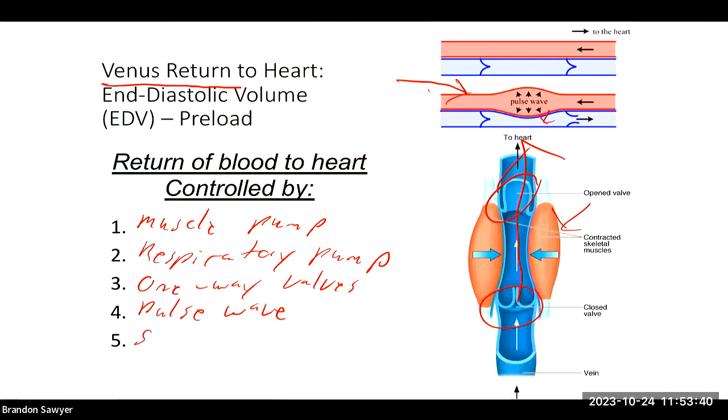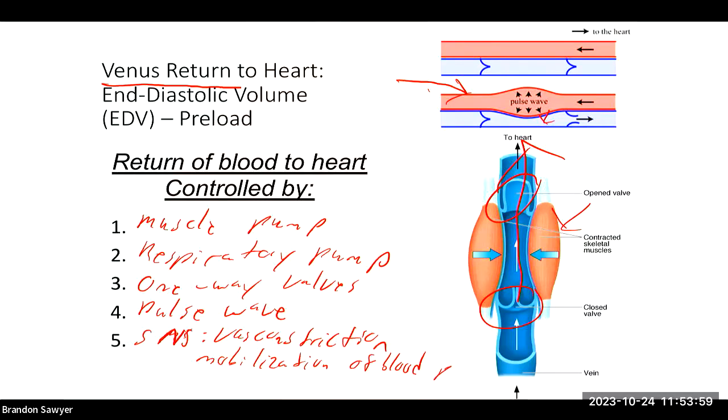And then lastly, our sympathetic nervous system is going to lead to vasoconstriction and mobilization of the blood pool.